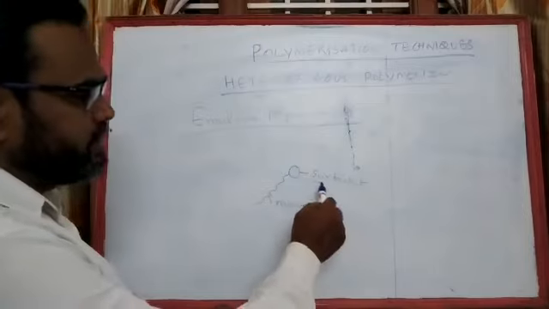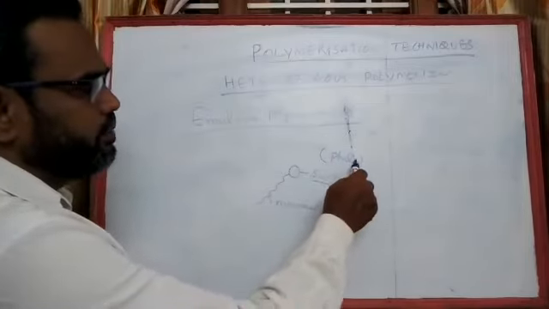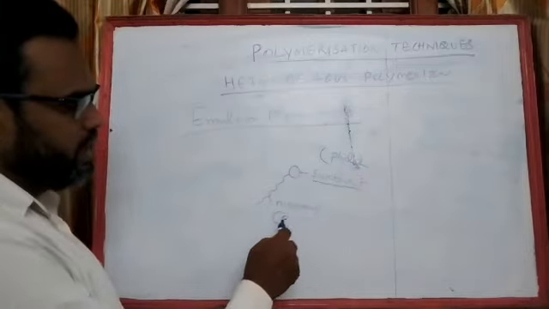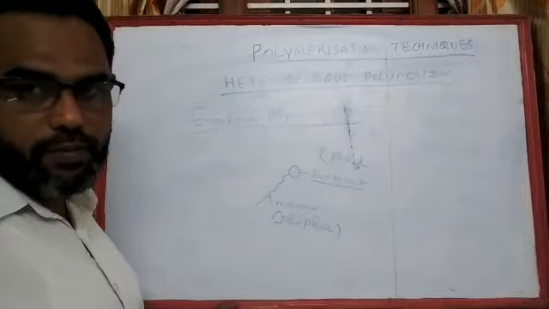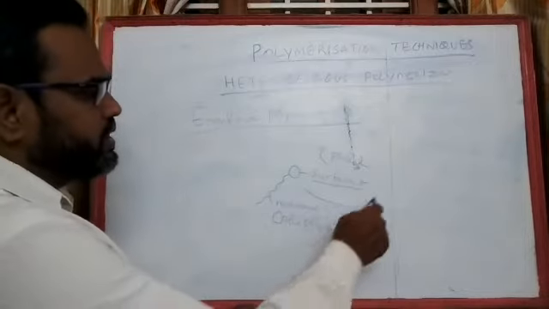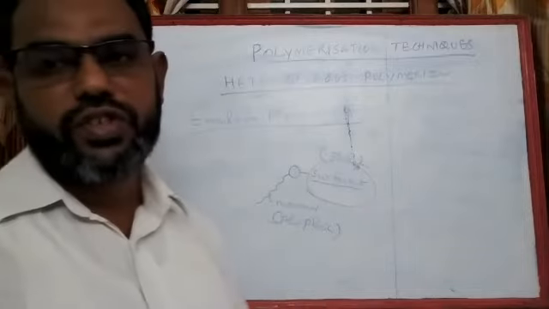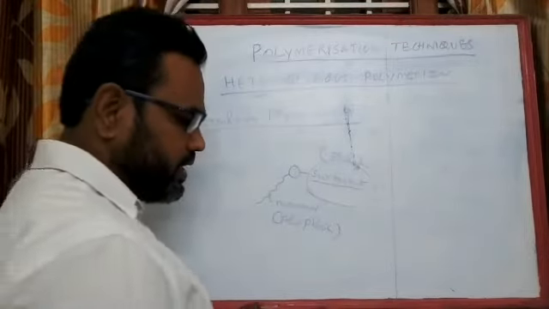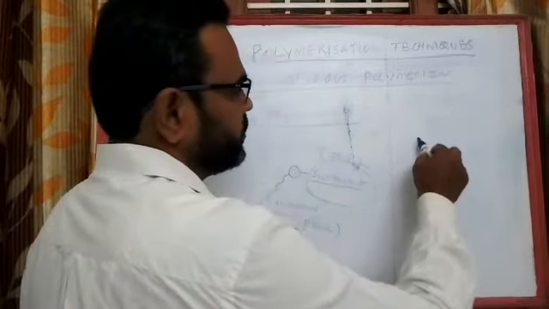Philic means the water loving part, and the hydrophobic part is the water hating part. So when the concentration of surfactant in the monomer and aqueous phase medium increases, it results in the formation of a micelle. So like this.